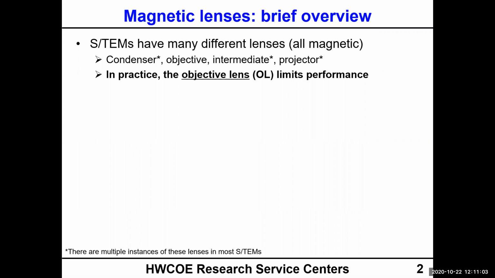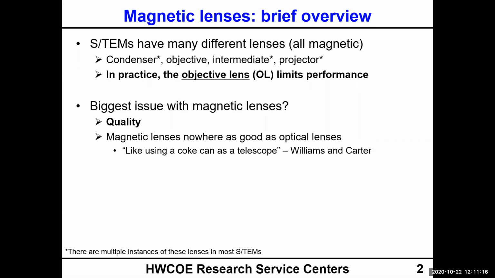All of these lenses have defects associated with them, but in practice, the only one that really limits the performance of the microscope is the objective lens. The biggest issue with magnetic lenses is that the quality of them is very, very poor in terms of what we're asking them to do.